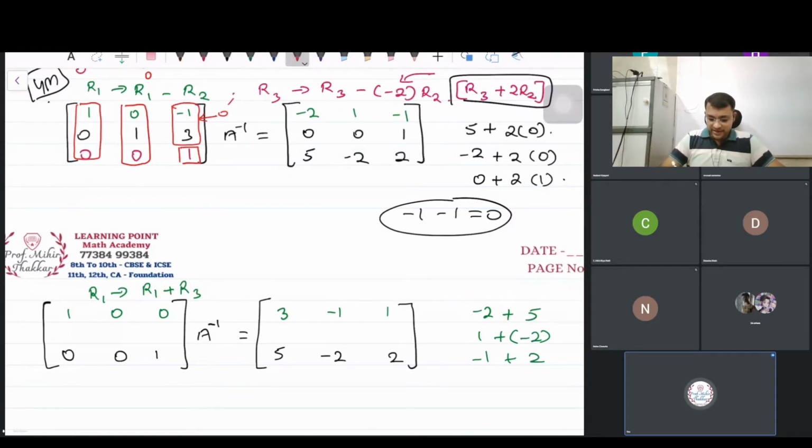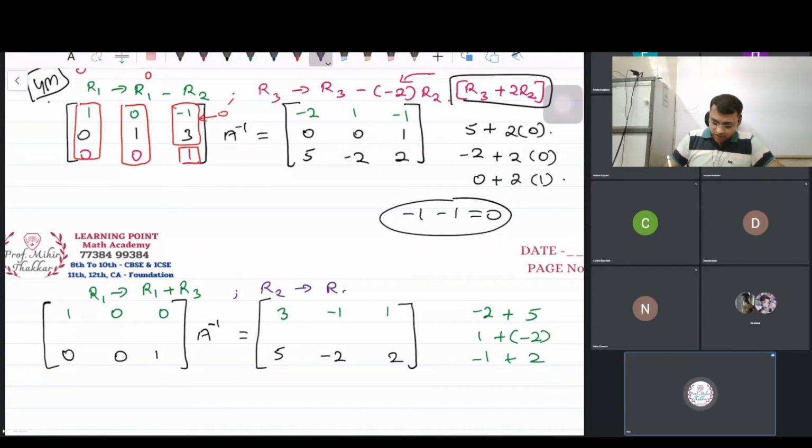Anybody give me an answer for the second row? Come on, give it a try. It's okay if you are wrong. No issue. I'll help you. Give it a try. R2 changes to what? R2 changes to superb.